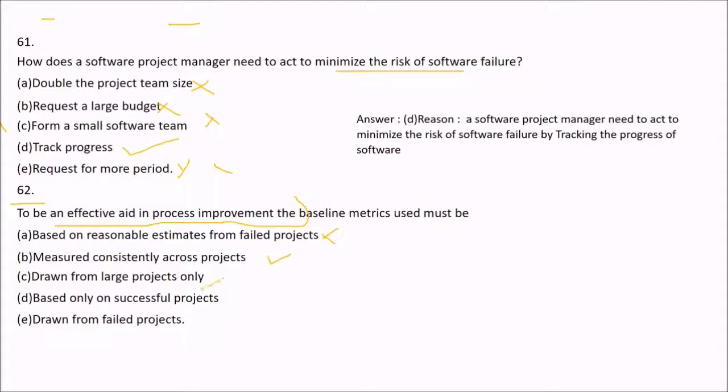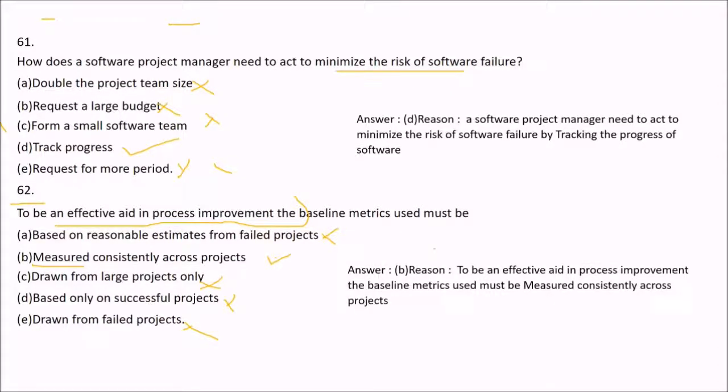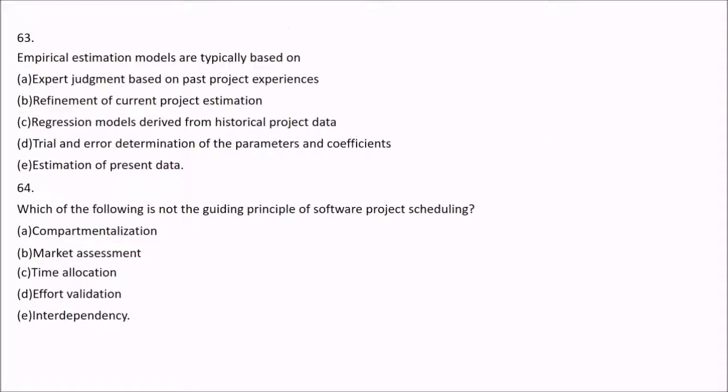Drawn from large projects only, no. Based only on successful projects, not really. This may be the answer, but we'll see. There is a tie between B and D. Then drawn from failed projects, no, not really. So the best is B. To be an effective aid in process improvement, the baseline metrics used must be measured consistently across the projects.